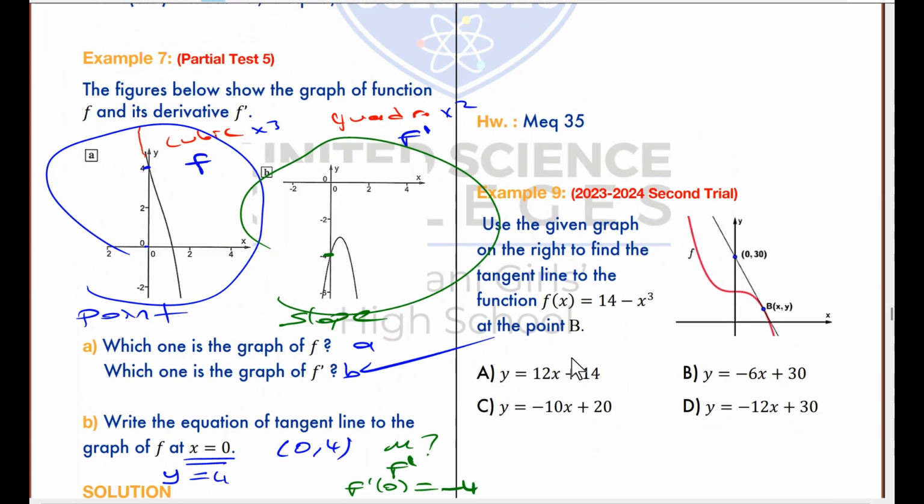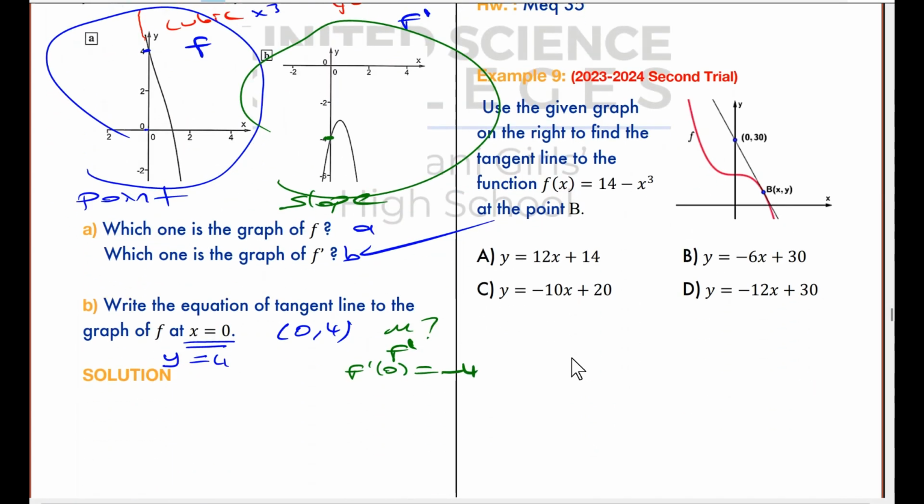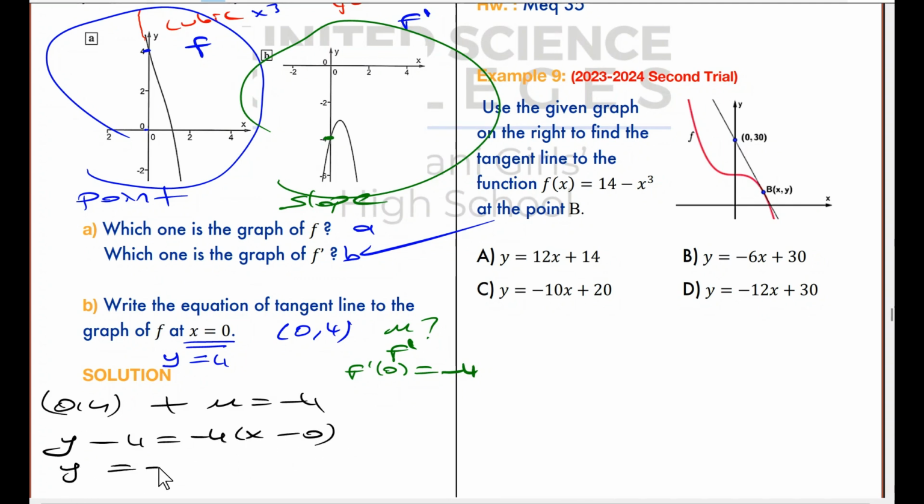It looks complicated at first, but when you identify the point and the slope from the graphs, it's very easy. You know the point (0, 4) and the slope is negative 4. So let's write the equation. y minus y1, which is 4, equals m, negative 4, times x minus x1. So y is equal to negative 4x plus 4 is the equation of the tangent line.